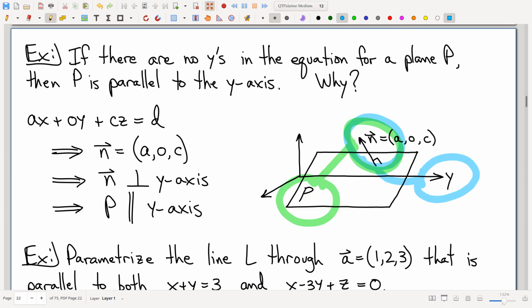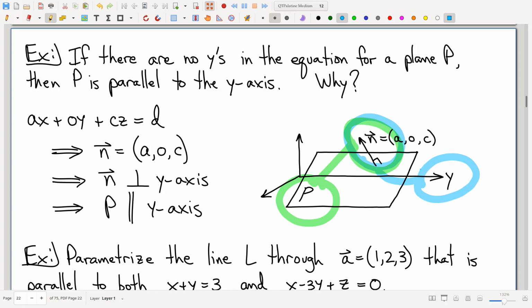Now, here we have to kind of think through some geometry. If you've got a plane, a perpendicular normal vector, and that normal vector is perpendicular to the y-axis, you have to use your geometric intuition and visualize what this looks like. It follows that the plane has to be parallel to the y-axis.